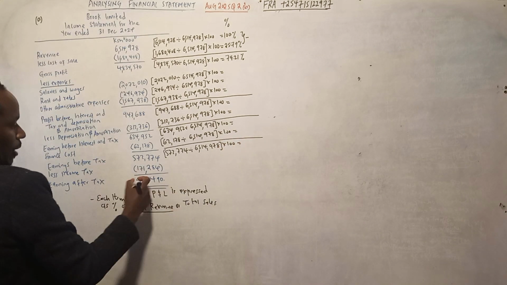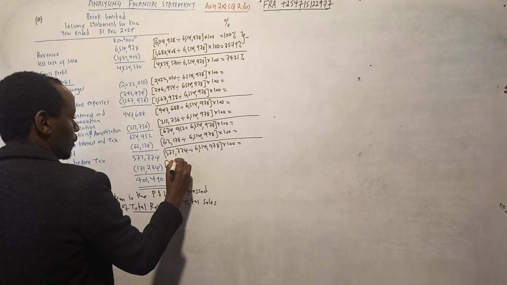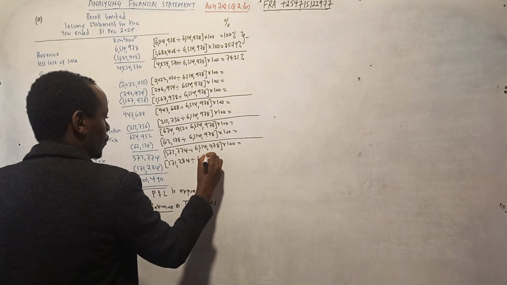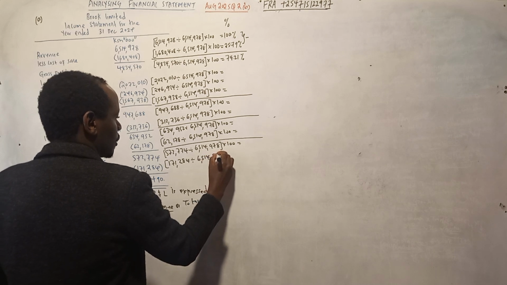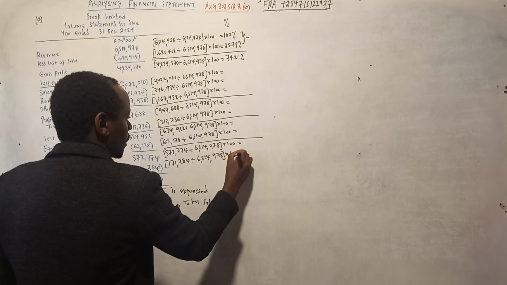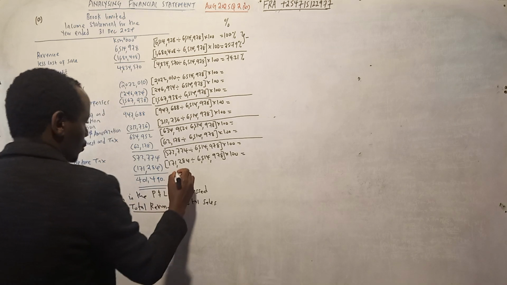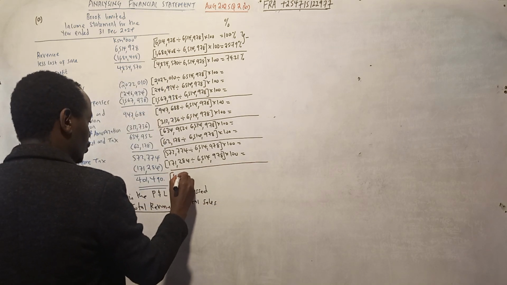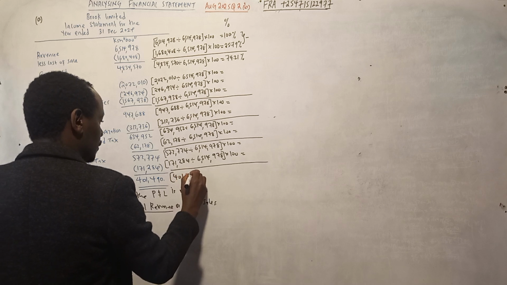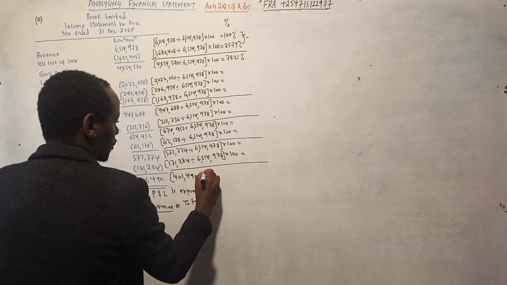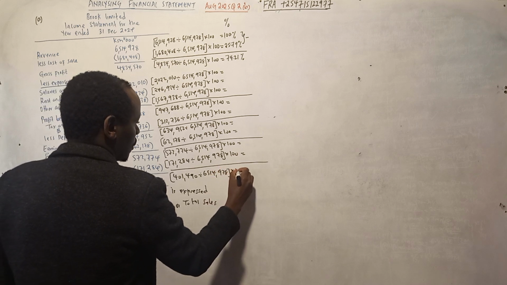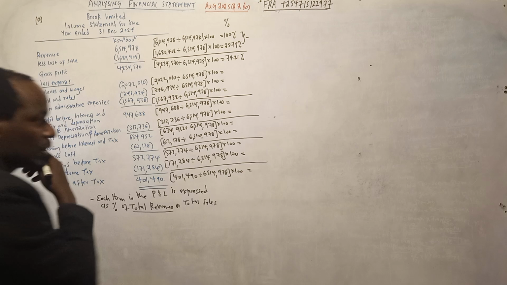Then we deduct the income tax, 171,284 divided by 6,514,978 times 100, so that we can get our final figure, which is 401,490 divided by 6,514,978 times 100. That one is correct.